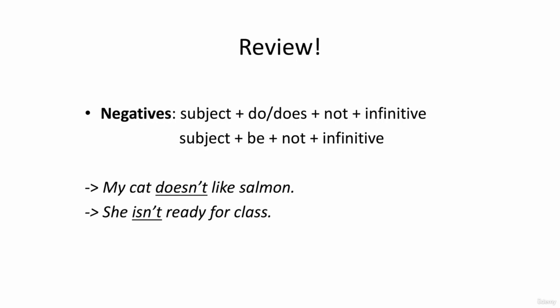For example, my cat doesn't like salmon. With the verb to be, we can create negative sentences by following the construction subject plus be plus not plus infinitive. She isn't ready for class.